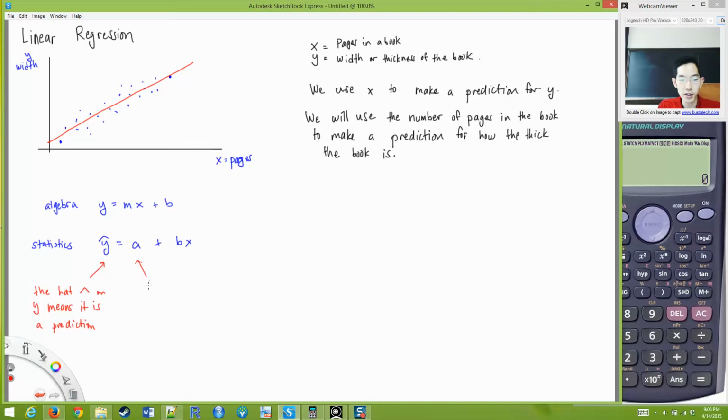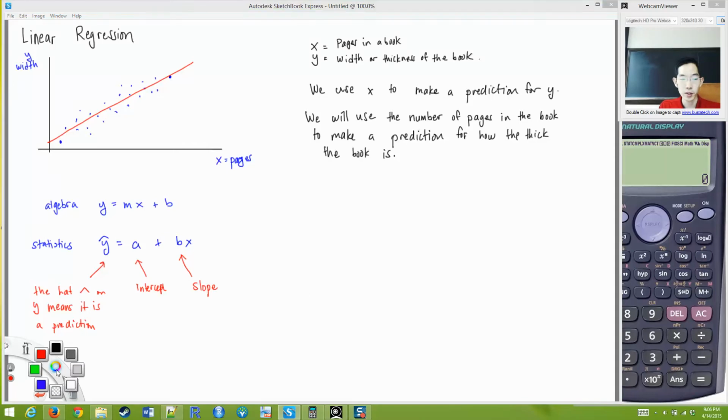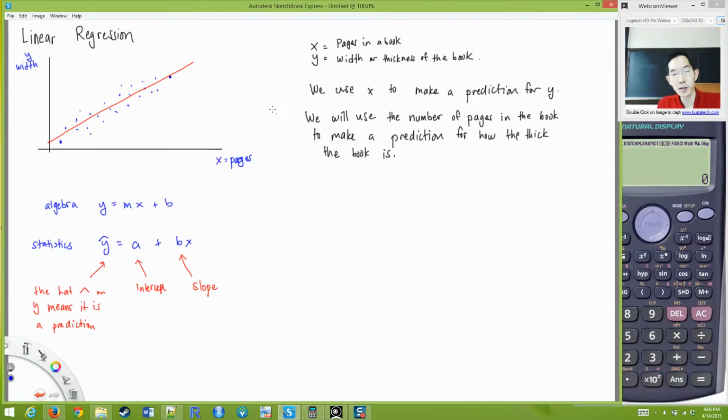A is our intercept. And B is the slope. Okay. So for our example, the general trend is that books with more pages tend to have higher thickness or higher width than books with fewer pages, right?